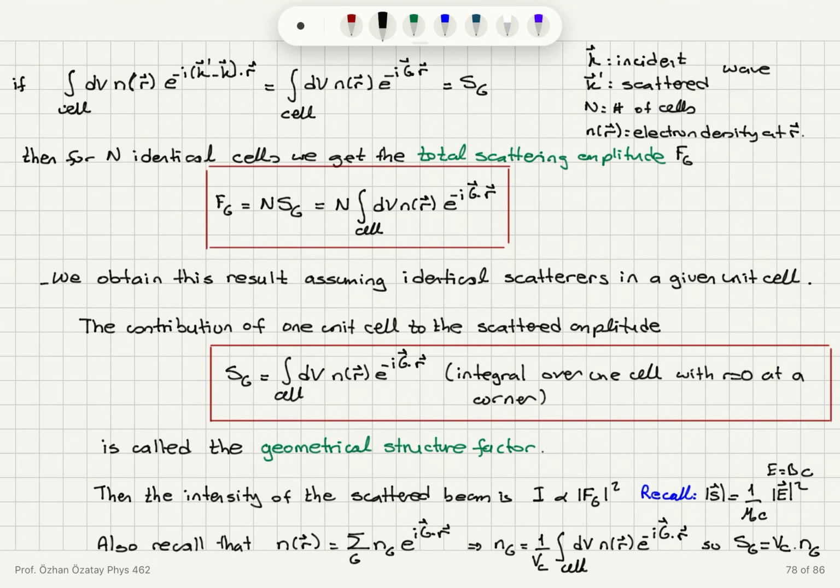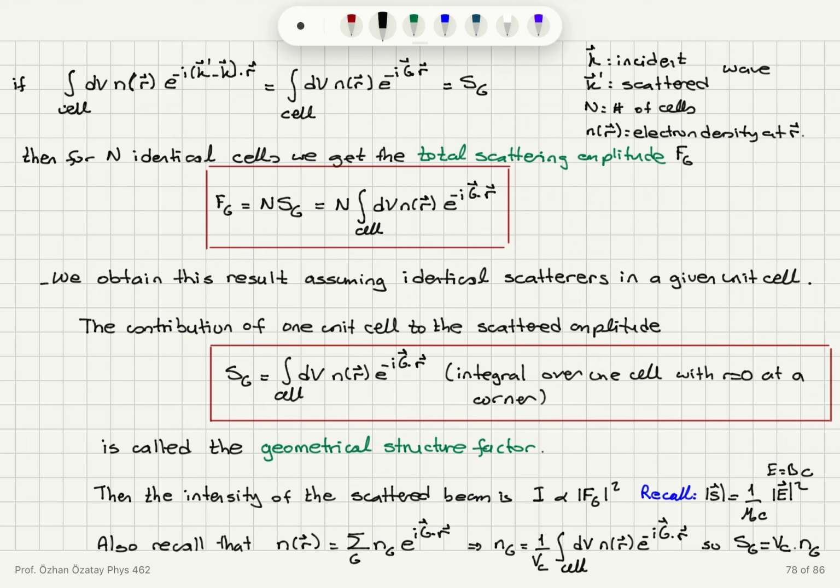And what determines the relative intensity of diffraction peaks? If you look at the Fourier series of the electron concentration, it's basically determined by the Fourier coefficients multiplied by the volume of the cell. So that's per cell, our contribution to the scattering amplitude is what we call the geometrical structure factor. It's the integral over the cell of the electron concentration times e to the minus i g dot r.